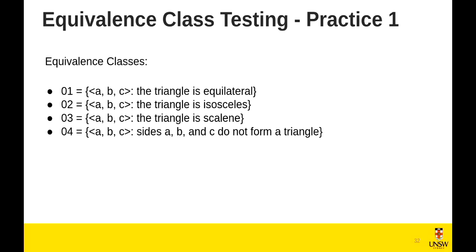So just now we have covered 4 different types of equivalence class testing techniques according to 2 deciding factors: robustness, and the single fault, whether we should follow the single fault assumption or not. And now let's come to a practice to apply these techniques.